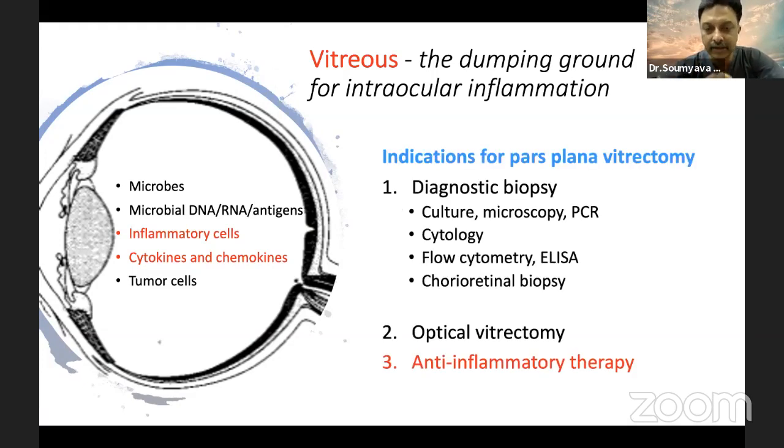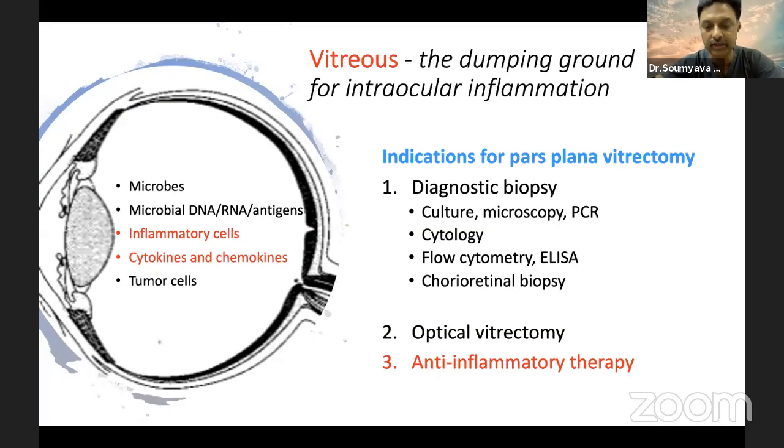We have heard several talks earlier on how pars plana vitrectomy is useful as a diagnostic tool, either in microbiology or in cytology, flow cytometry, ELISA, or chorioretinal biopsy. All of these are generally spoken about when we talk of vitrectomy in uveitis.